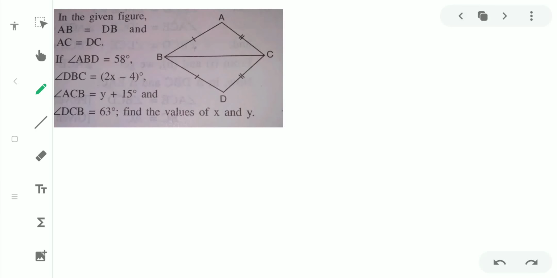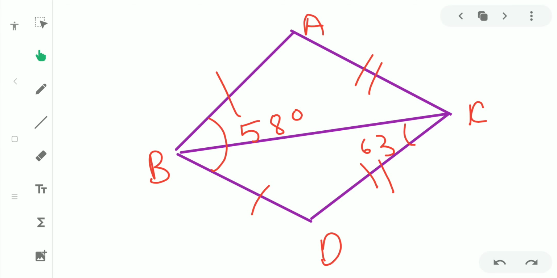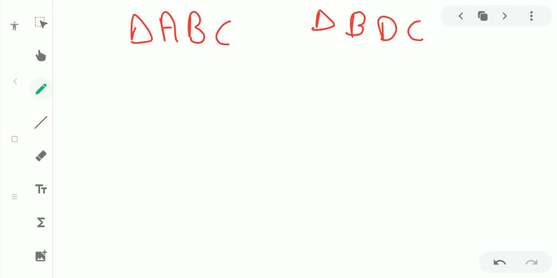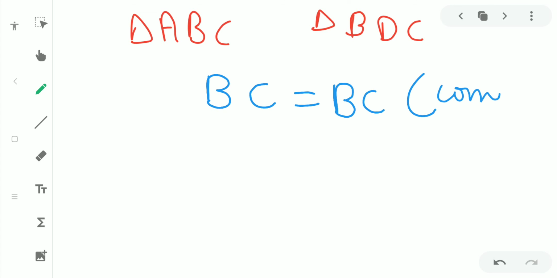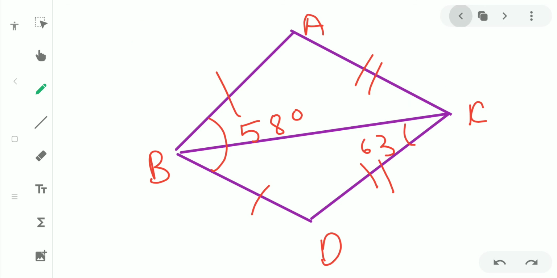Now we have this line BC is equal to BC, which is common. I will prove the congruence in blue color. BC is equal to BC, it is common. I have written common in the bracket.